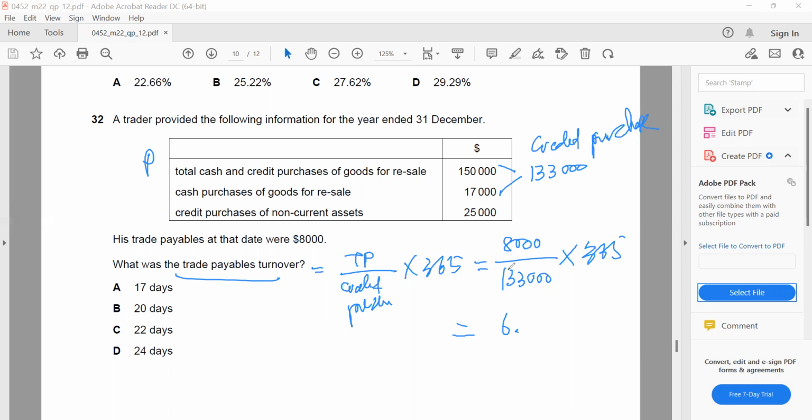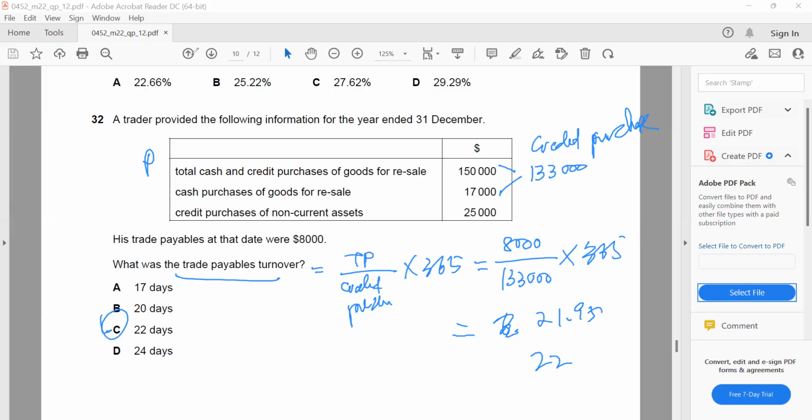It's my mistake, I calculated wrongly. 8,000 divided by 13,300 times 365 days, I get 21.95. So it should be 22. So the answer should be C.